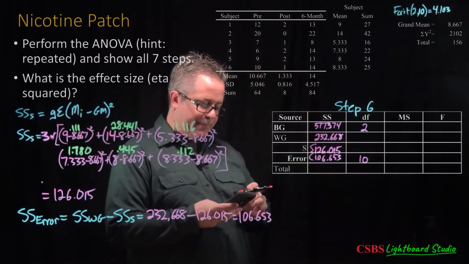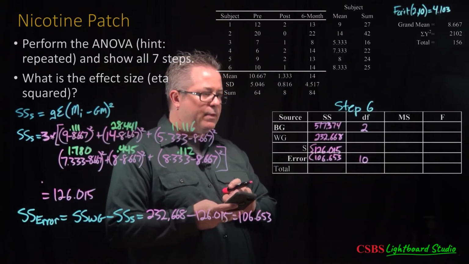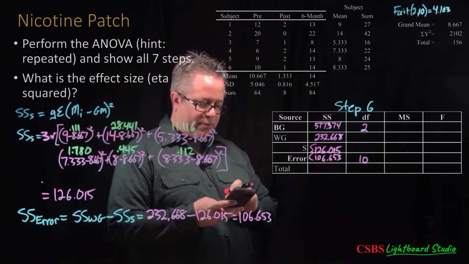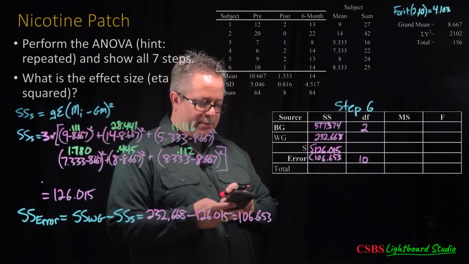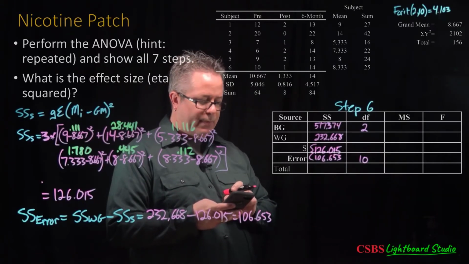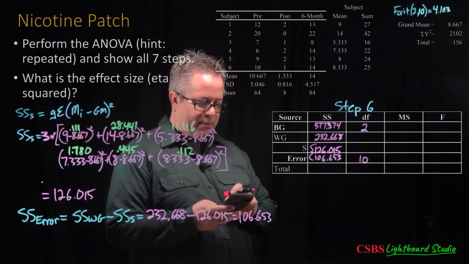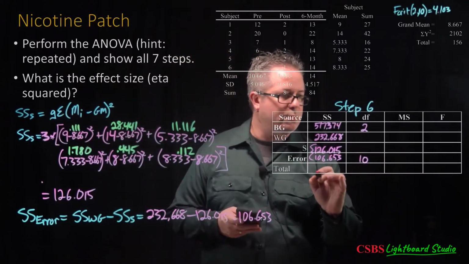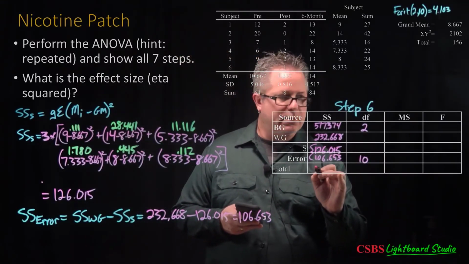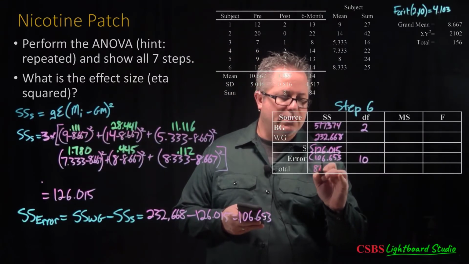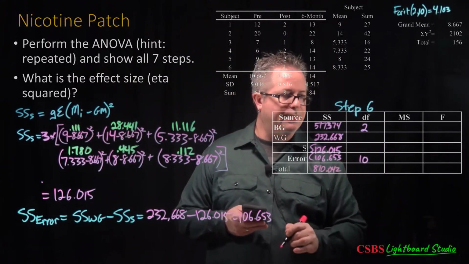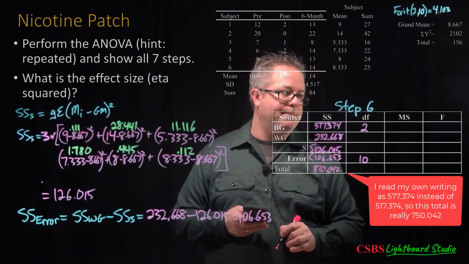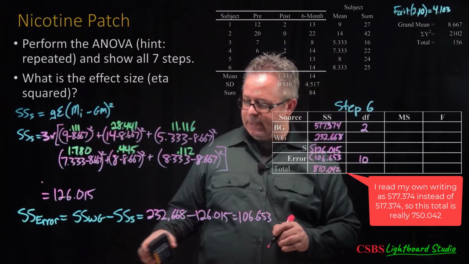So if I take 577.374 plus 232.668, I get that the total here is 810.042. Okay? That gives me all my sums of squares that I need.